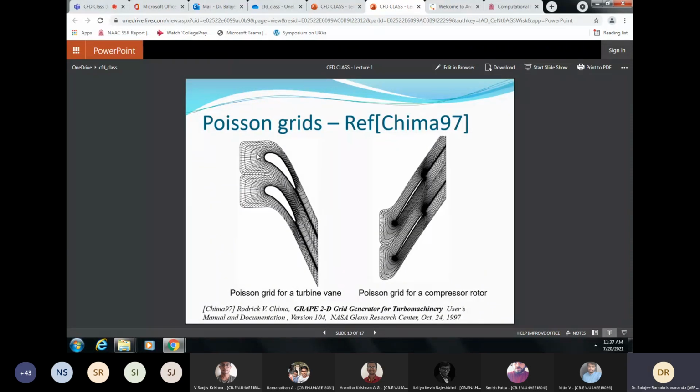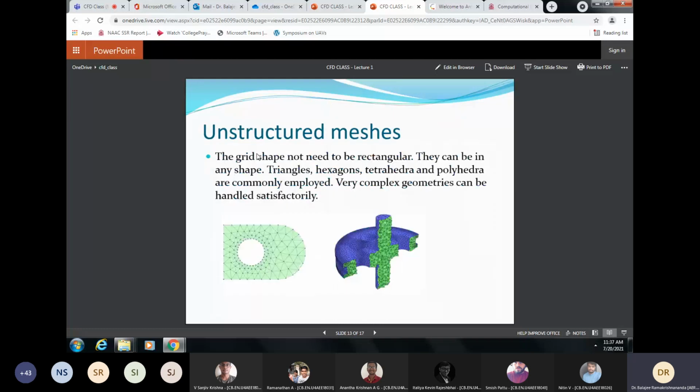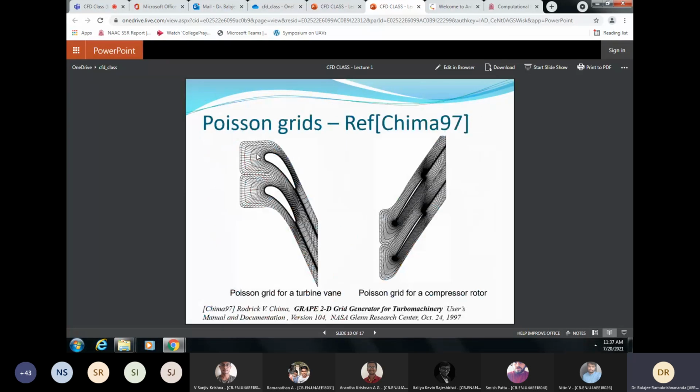These are structured grids, unlike the unstructured ones. What you see here are structured grids. You can extend it to 3D also. x at i comma j comma k, y at i plus 1 comma j minus 1 comma k plus 2, things like that. You can define.